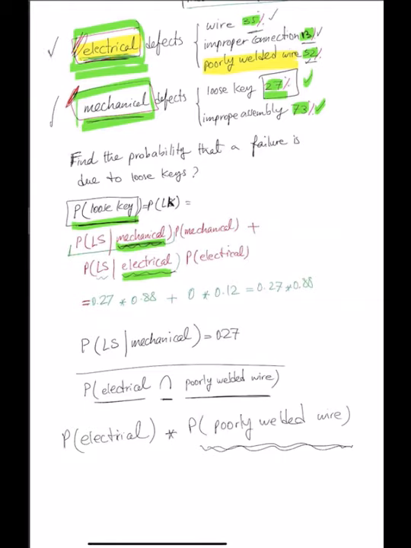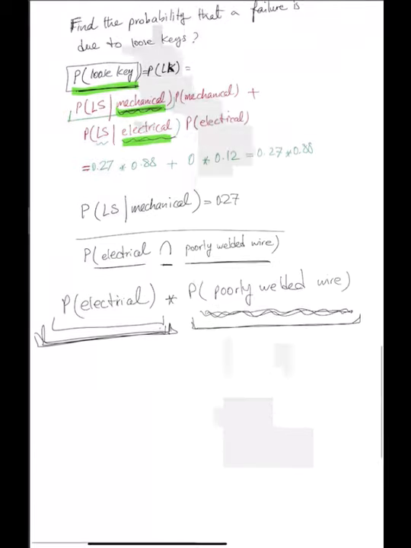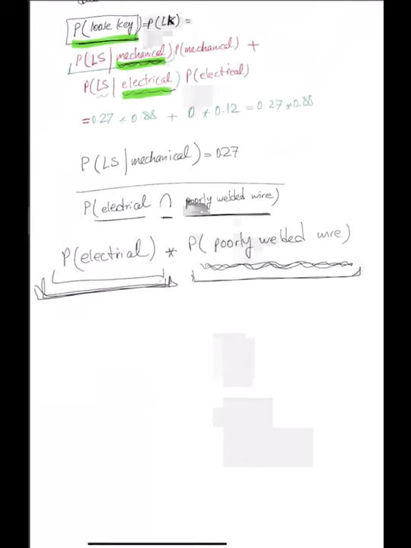But if I know the defect is electrical, then the probability that it's related to poorly welded wire is 52%. So these two are not independent from each other. The probability of the defect being because of poorly welded wire depends on whether it's electrical or not. I cannot write it as a simple multiplication. I could write it if they were independent, but they are not. Knowing the probability of one affects the probability of the other.